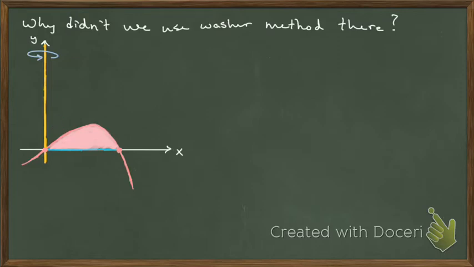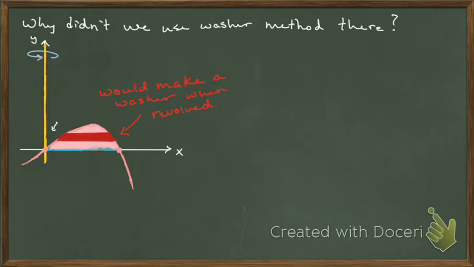I said that's usually a nice application for washer method, all right? But for washer method, I would have to draw a horizontal slice, something like this. And I would need then to figure out the length of that slice as it reaches the y-axis.